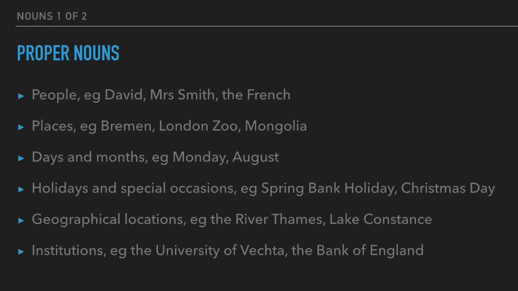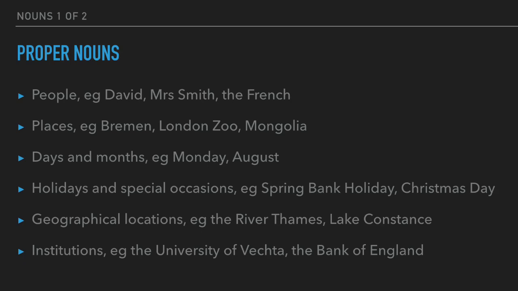We capitalize proper nouns, of course, so the names of people, for example, David, Mrs. Smith, the French. Places, Bremen, London Zoo, Mongolia. Days and months, Monday, August. Holidays and special occasions, so for example in Britain, the first Monday, I think, in spring is Spring Bank Holiday.